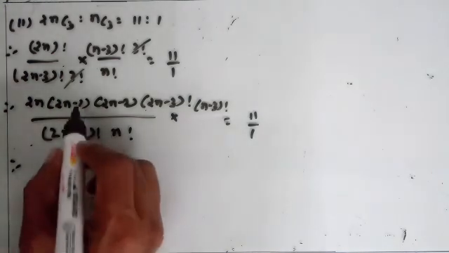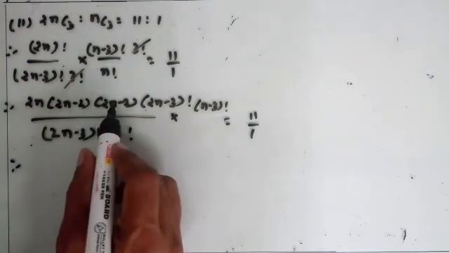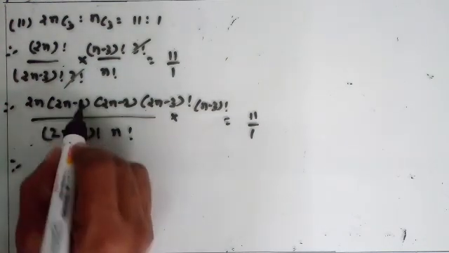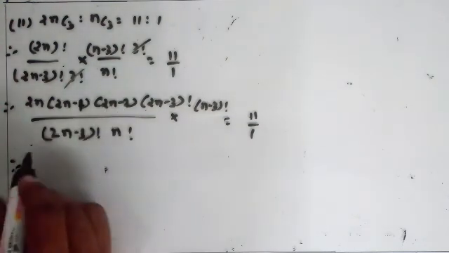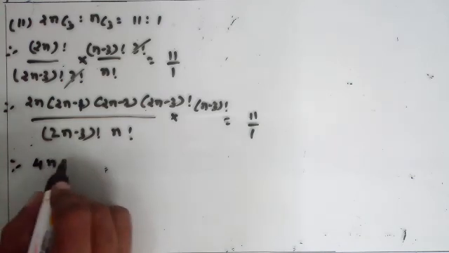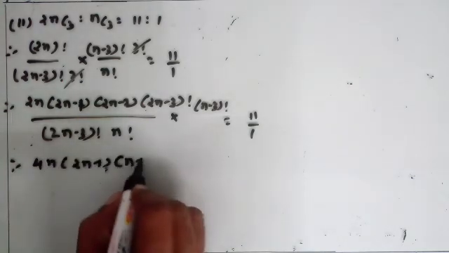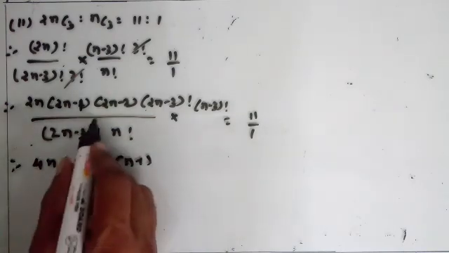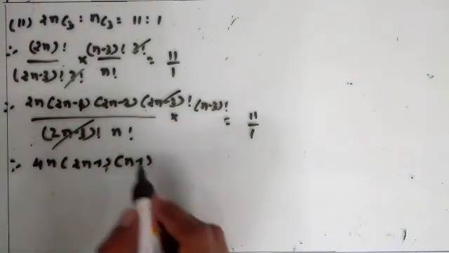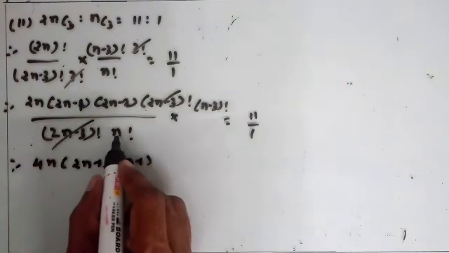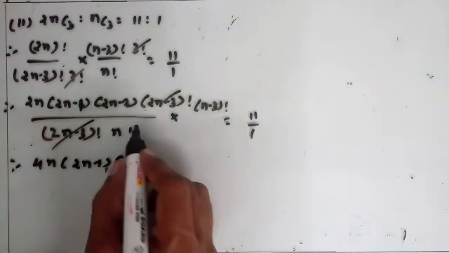Therefore, now simplify this. 2n, 2n minus 1. Taking 2 common from this, here we get 4 into n, 2n minus 1, n minus 1. And 3 cancels from both. (n minus 3) factorial: here n factorial expands up to n minus 3.